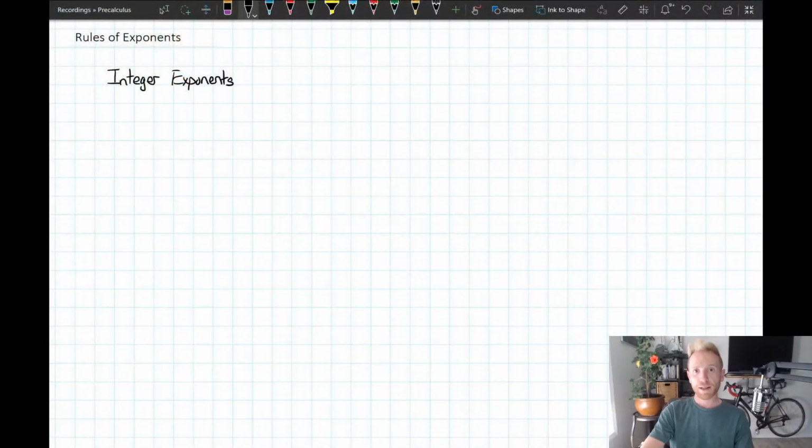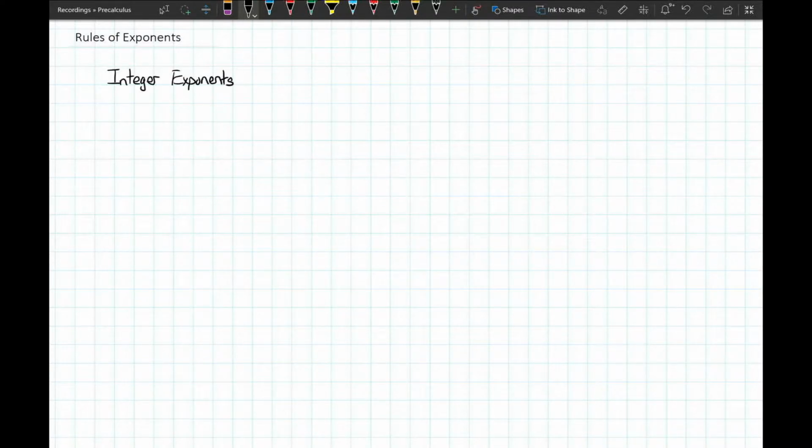Now let's start off by looking at exponents where the exponent is an integer. So when the exponent is an integer and we have some sort of base a written to the power n, where n is an integer, then this is usually a little bit of an easier example to try to figure out the meaning of.